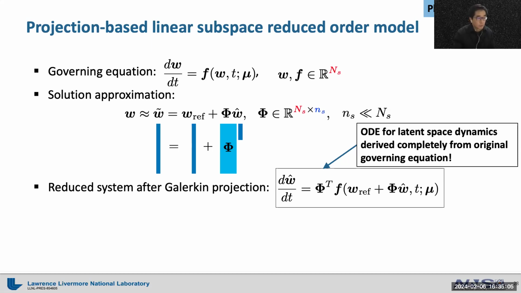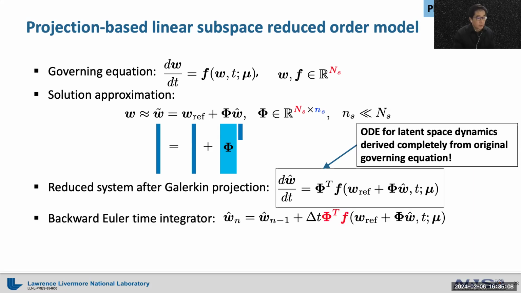And what do we do to predict new solutions? We actually solve these ordinary differential equations in reduced space, for example, by applying your favorite time integrator, such as backward Euler or Crank-Nicolson, whatever the time integrator is, you apply that and get the solution in latent space and predict the solutions in full space.